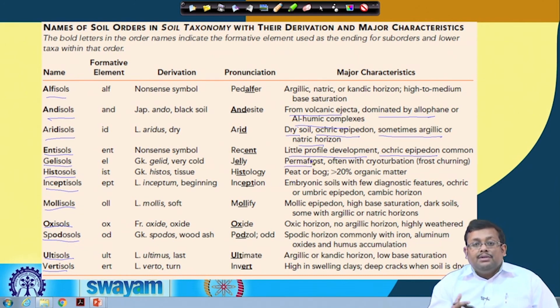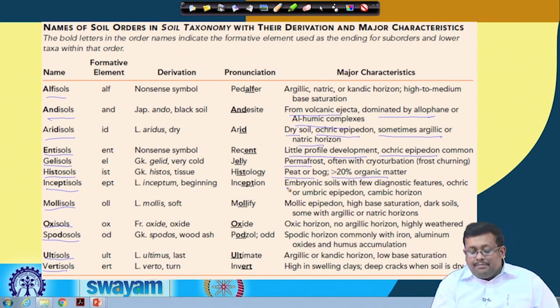Permafrost means when the soil is frozen for most part of the year, then it is called a permafrost condition. And histosol, as the name suggests, hist means it is showing fibrous characteristics. So, it is composed of peat or bog, which contains greater than 20% of organic matter.